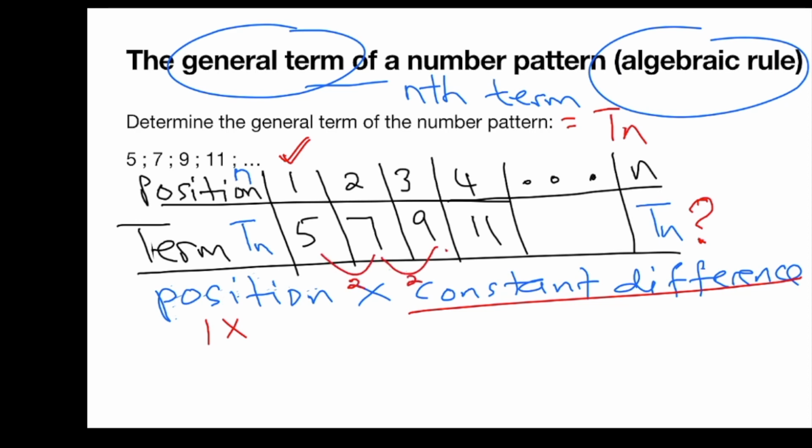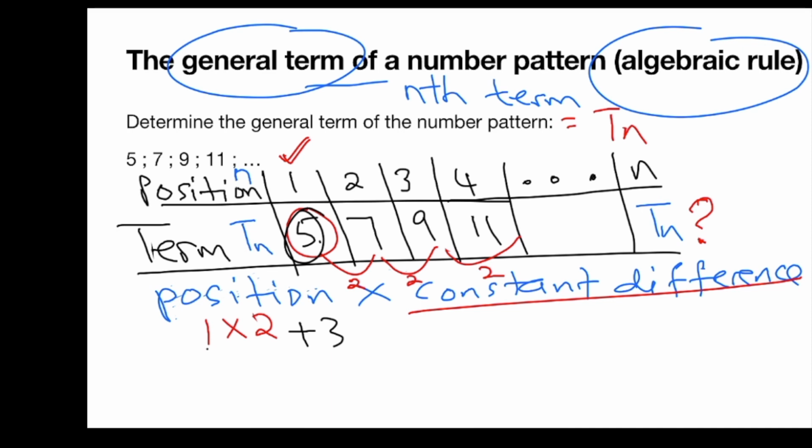So if you take 1 and you multiply it by 2, you are not going to get the answer 5. We will get a 2. But if we add a 3, then we shall get a 5. So in order to get 5, take the position 1 and multiply it by the constant difference, which is 2, and then add a 3.